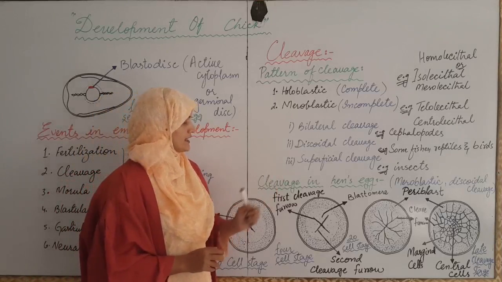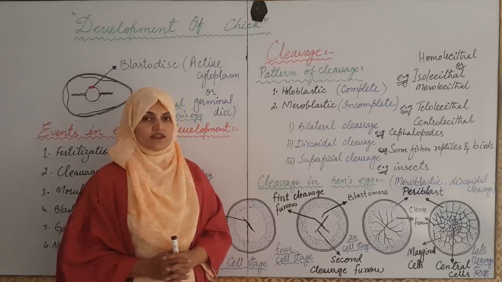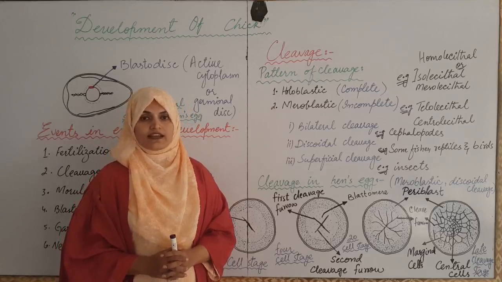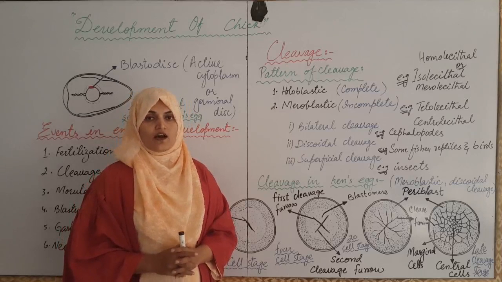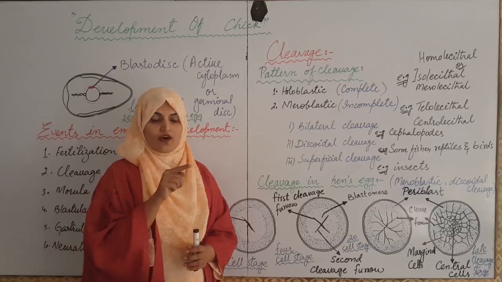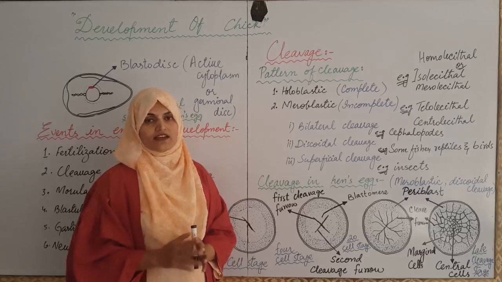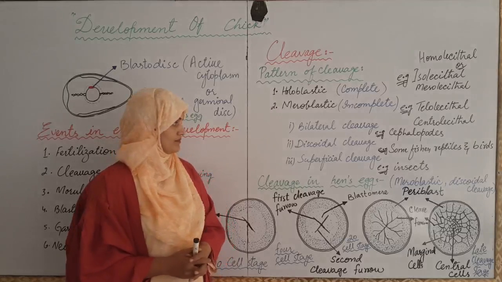While the third, superficial cleavage, takes place in insects, in which cleavage takes place only on the surface of the egg, while the remaining portion of the egg remains as it is.